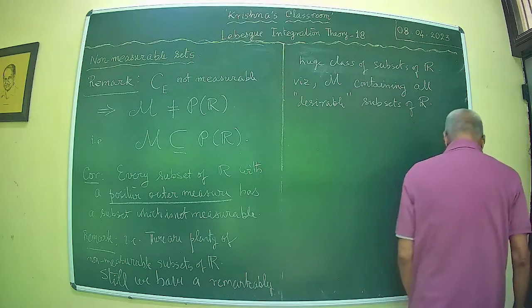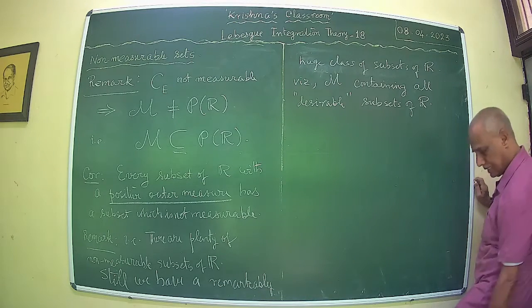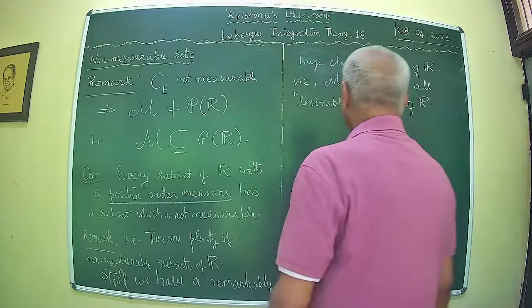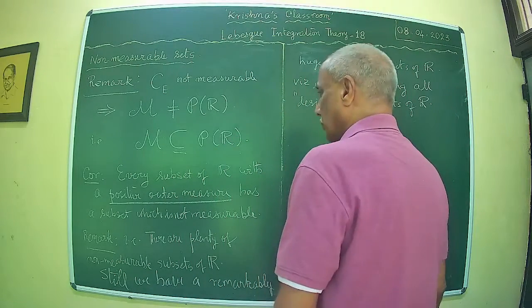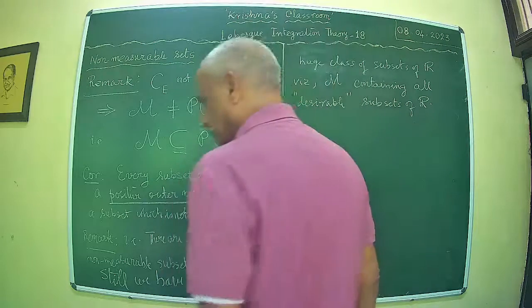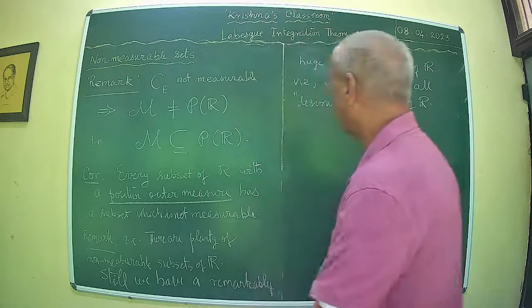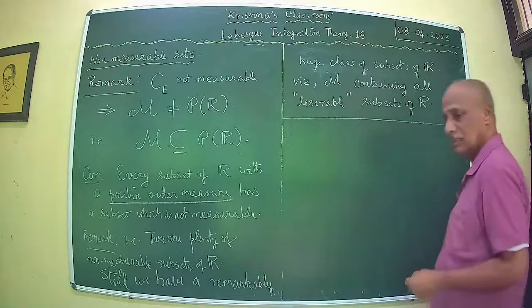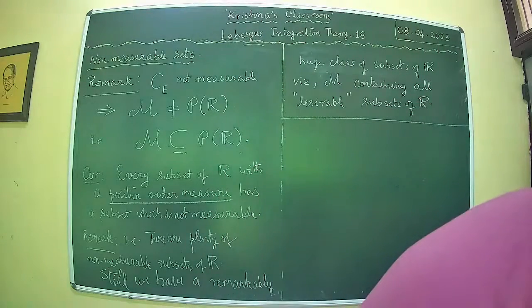So that's the thing. So what we have proved now is that the script M, or the measurable collection, is not the set of all subsets of R. Okay. So we have settled the question.